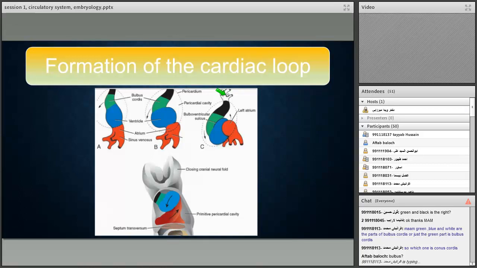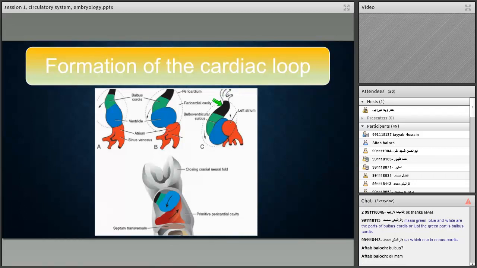The distal portion of bulbus cordis is called truncus arteriosus, forming the root of aorta and pulmonary trunk. The black one is conus cordis. The white one is truncus arteriosus.